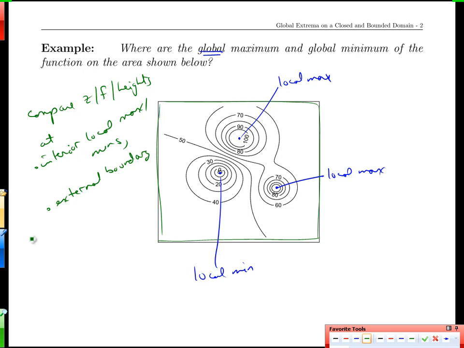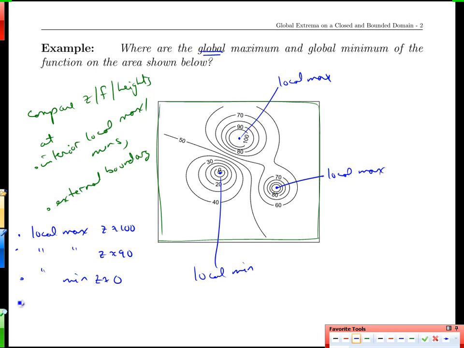Now, in this particular case, what we have for values are a local max at around z equals 100, so above 100. We also have another local max here that's inside an 80, then a 90 contour, and it's around 90. And we have a local min in this valley with a value of around z equals 0.